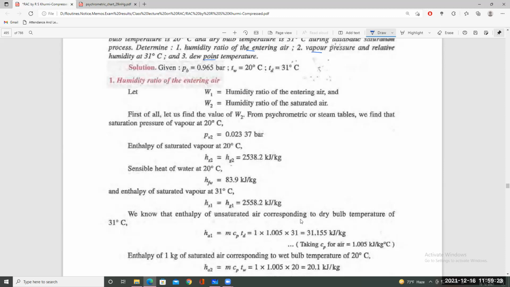HA1 is m Cp td, where m is the mass, Cp is the specific heat at constant pressure of air, and td is the dry bulb temperature, which is given as 31 degrees centigrade. So if you put all of them in and calculate, you will get 31.155.